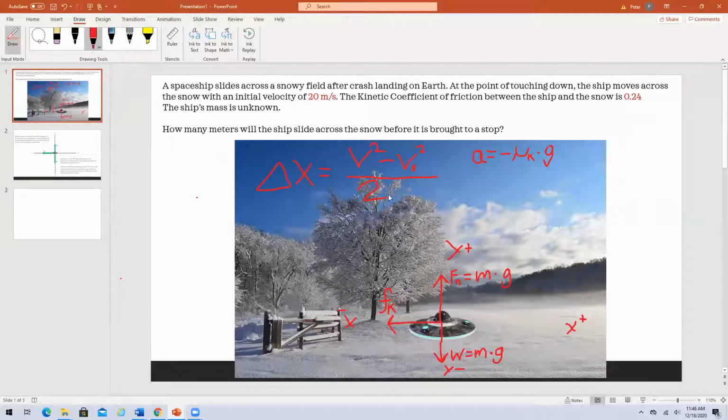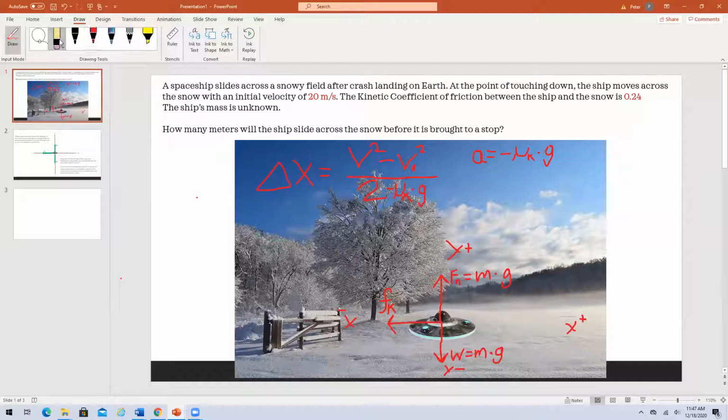And so it's going to be 2 times negative mu k multiplied by G. And you see that this term in the denominator then becomes negative, but no worries, because this term in the numerator was always going to be negative in the first place. Negative divided by a negative is a positive, and we stay true to our displacement in the positive x direction.